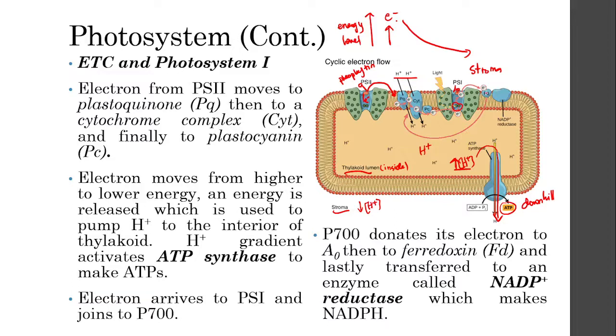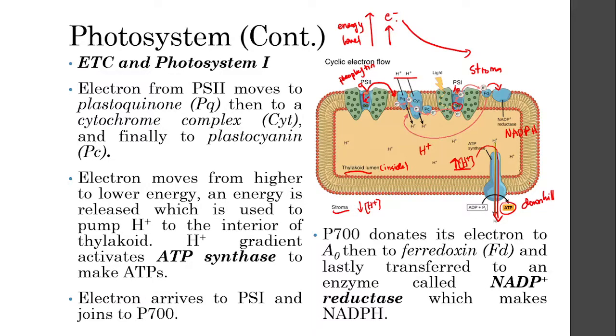And then lastly, the ferredoxin will donate this electron to an enzyme called the NADP+ reductase. This enzyme then uses that electron and creates your NADPH. Yes, so this NADP+ reductase will create your NADPH after it receives that electron.